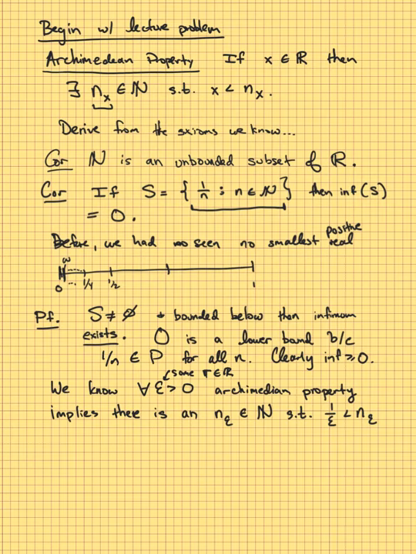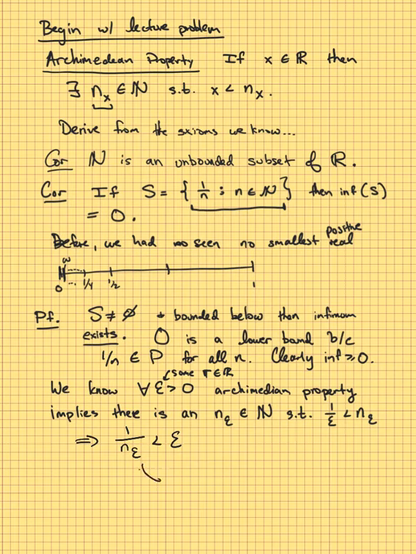And now, using compatibility of ordering with multiplication, we get that this implies 1 over n epsilon is less than epsilon.